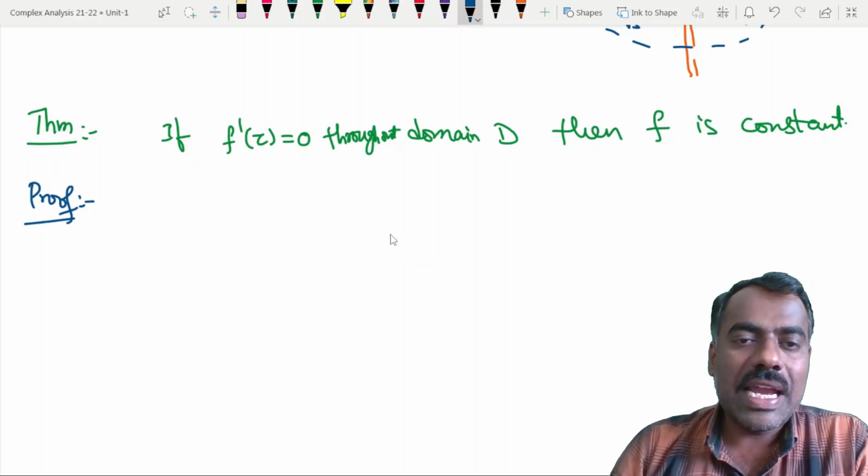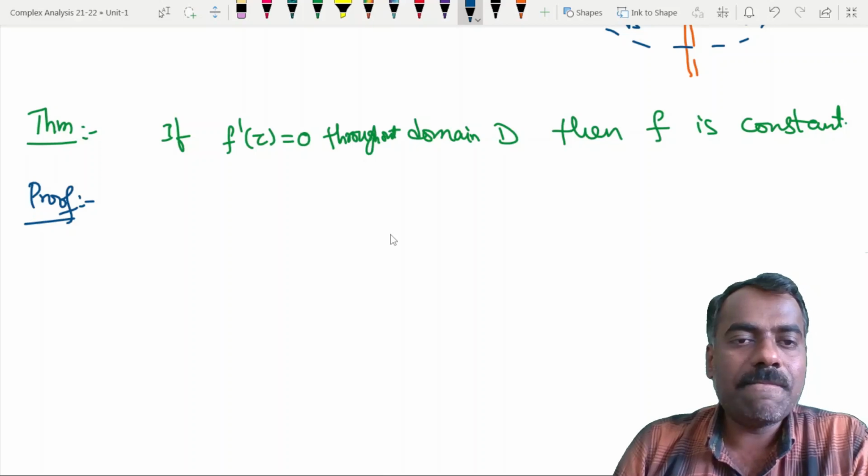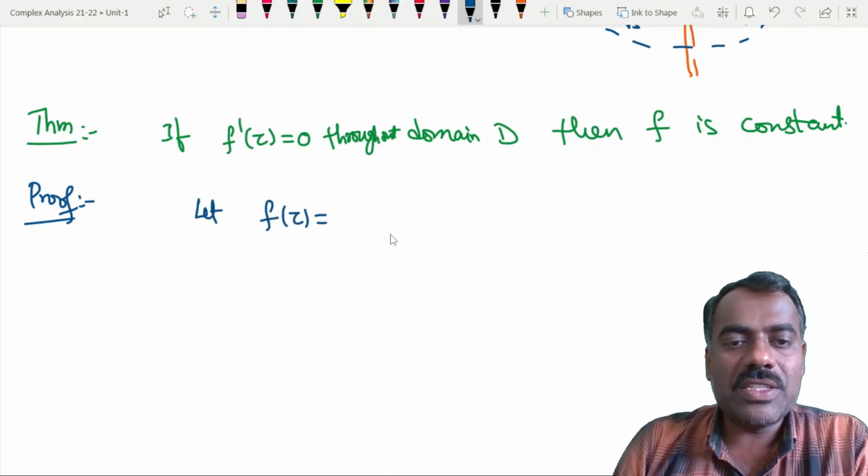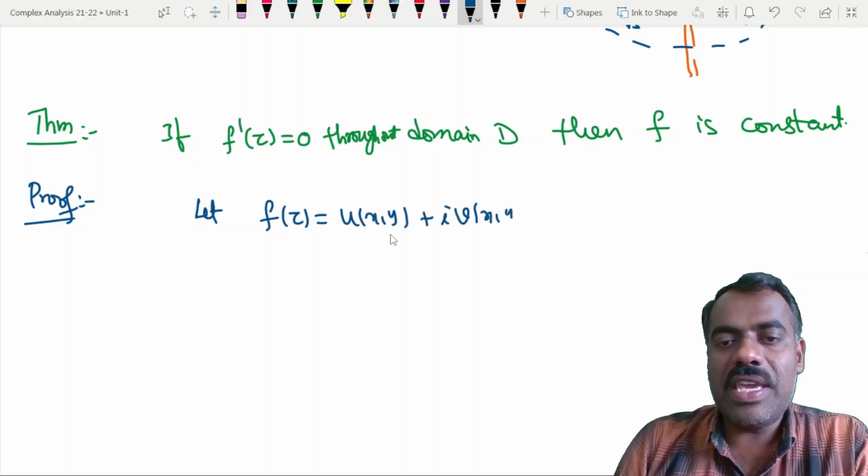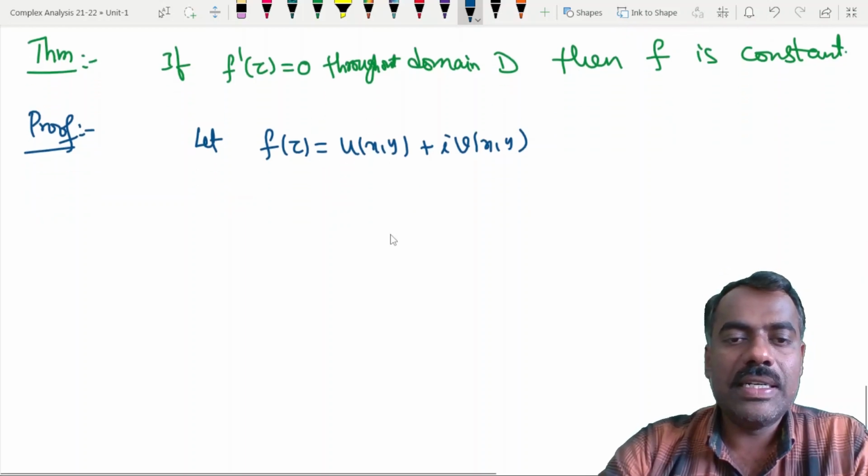That it is differentiable means the CR equations are satisfied, right? Say f of z is equal to u(x,y) plus i times v(x,y).